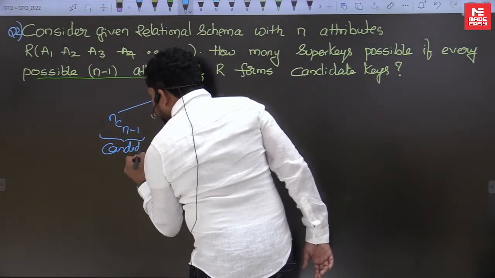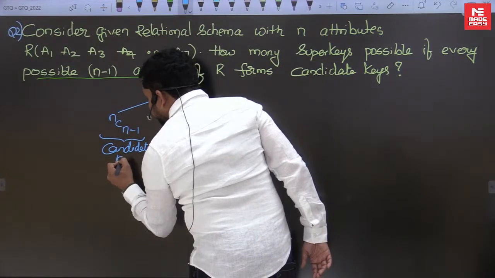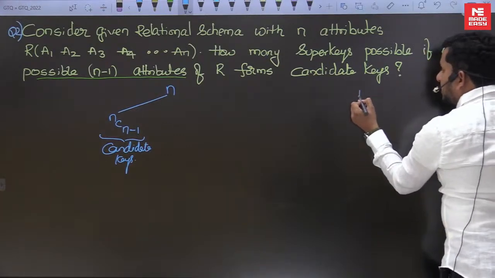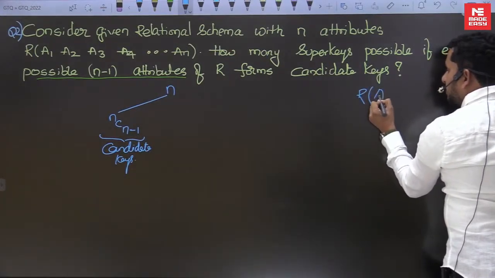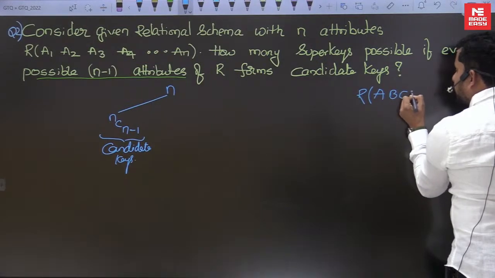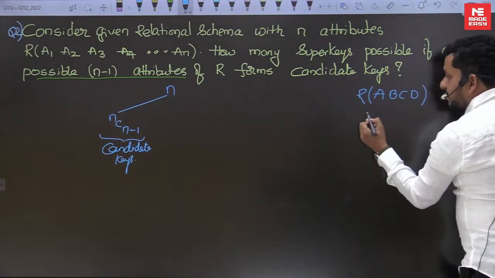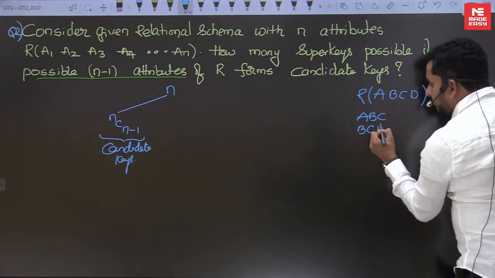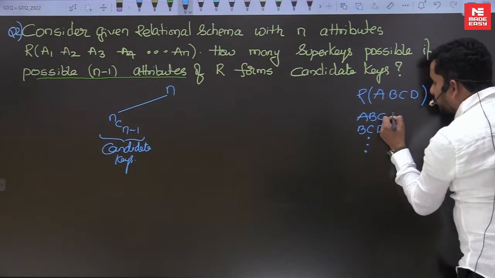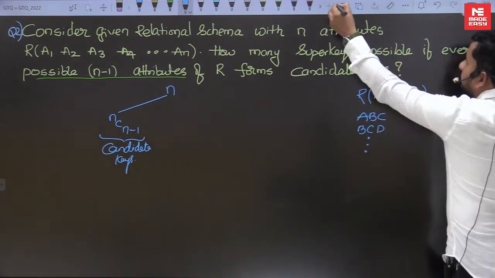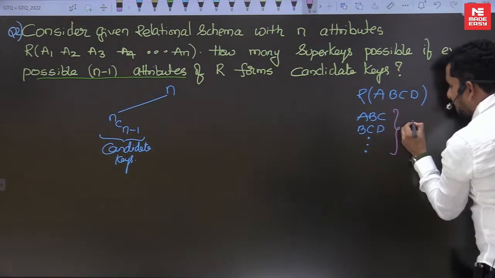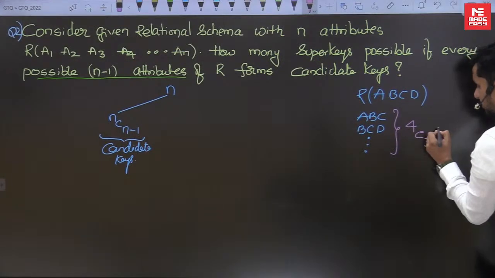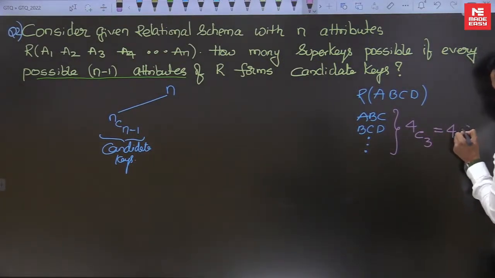Assume the relation has four attributes A, B, C, D. If three attributes are like ABC, BCD and so on, that is 4C3, so these are the 4 candidate keys.